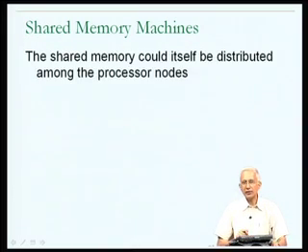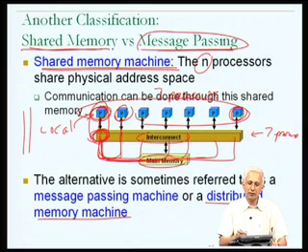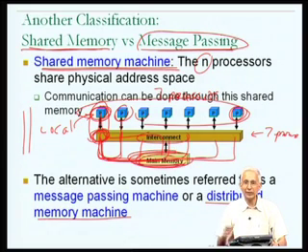Now, as I've just said, the shared memory could itself be distributed among the processor nodes, in trying to build a shared memory machine which has more performance capabilities than one in which all the processors have a single shared memory. You'll notice immediately that if all the processors have a single shared memory, then any instruction fetch or data fetch would have to go to that single shared memory, and it could become a bottleneck.